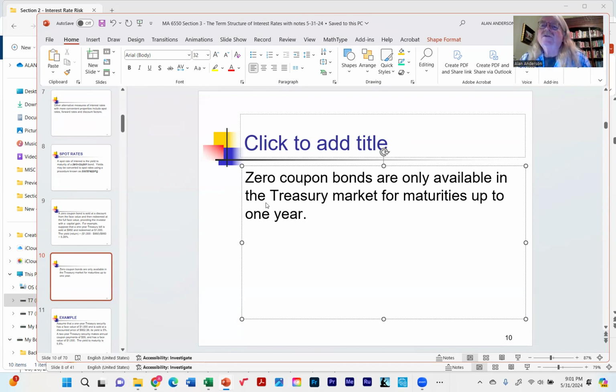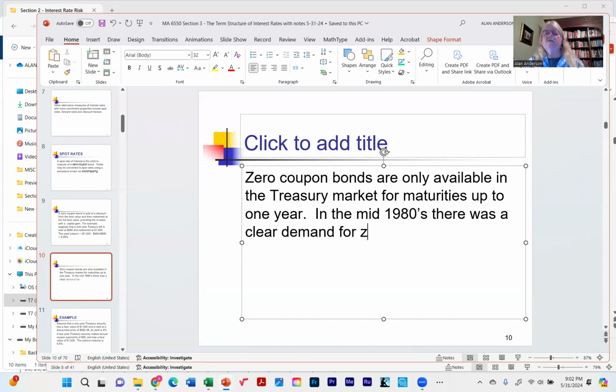Now, on Wall Street, they make their money by providing investors with products that they want. So here's what can happen. In, let's say, 1985 or so, it became clear that there was a demand for zero coupon bonds with longer maturities.